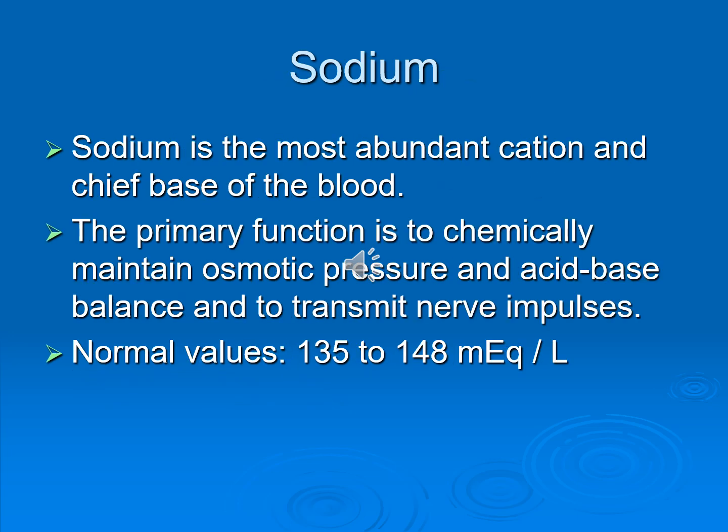Focusing on sodium, keep in mind that sodium is the most abundant cation and chief base of the blood. The primary function of sodium is to chemically maintain osmotic pressure and acid-base balance. It also transmits nerve impulses. Normal values for sodium are, does anybody remember? 135 to 148 milliequivalents per liter.